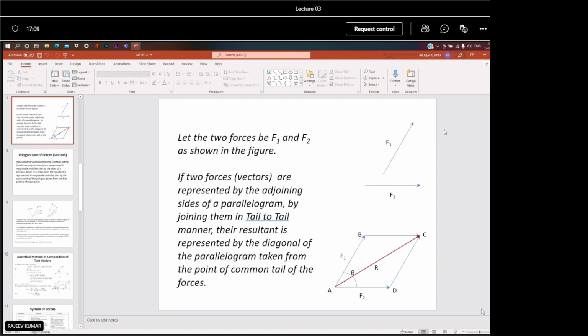So here you have studied Lami's theorem. When a body is in equilibrium, meaning whatever I am discussing, everything is in the equilibrium position, no external force is acting. All systems are in equilibrium conditions.